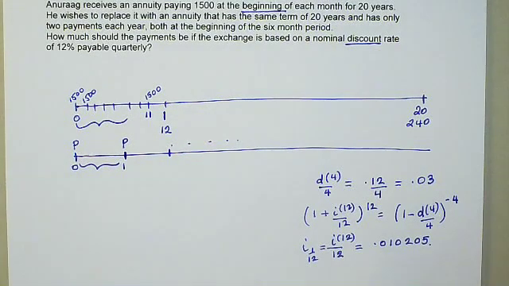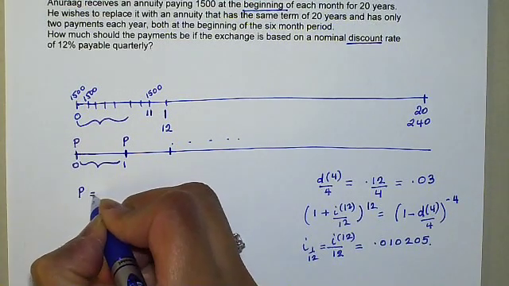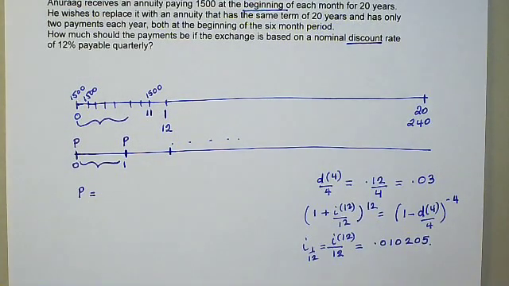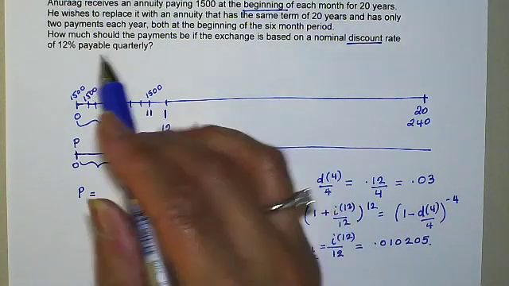Or how about even less than that, right? I can just look at this period and this period. Yeah, both the present values are the same. So can you give me an expression? P equals what?